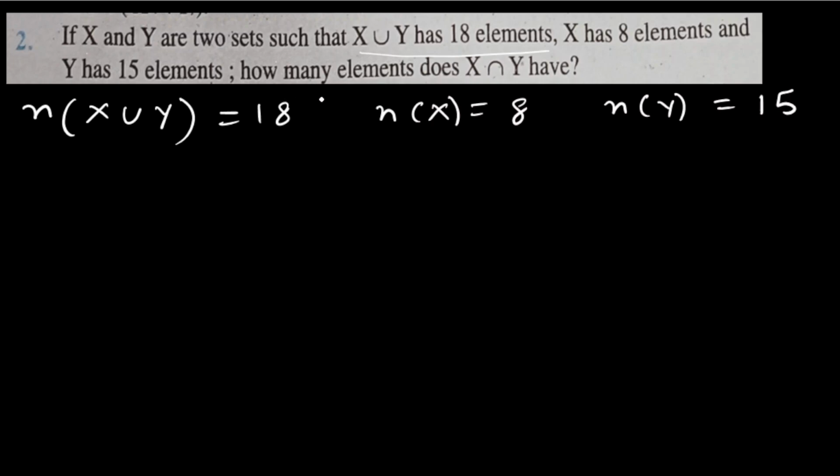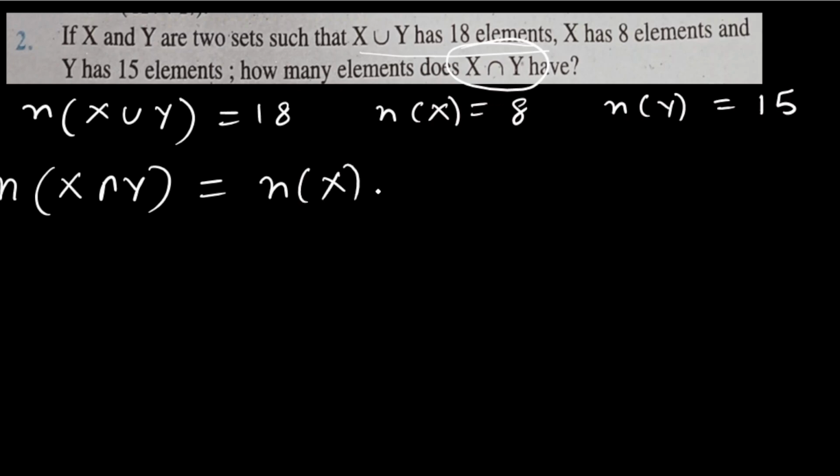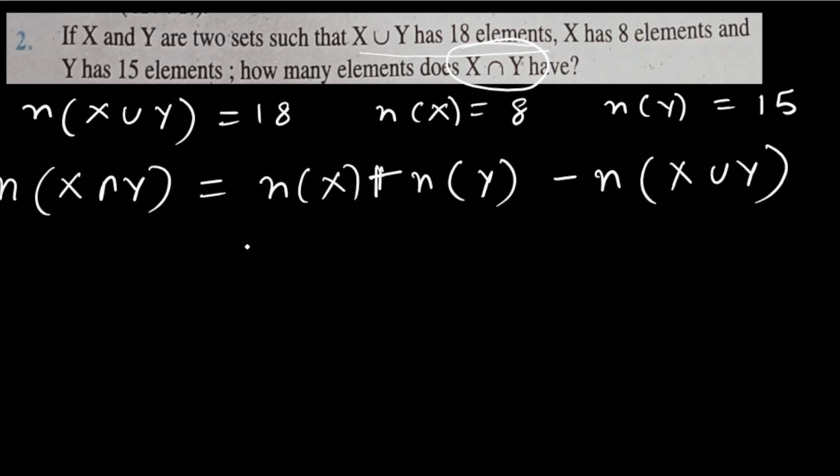So how many elements does X intersection Y have? Same thing, we have to find the number of elements in the intersection. So the same formula we can use: N of X intersection Y is N of X plus N of Y minus N of X union Y, because we are finding intersection, so here union will be there. How many elements are there in X? X has 8 elements plus Y has 15 elements minus 18.